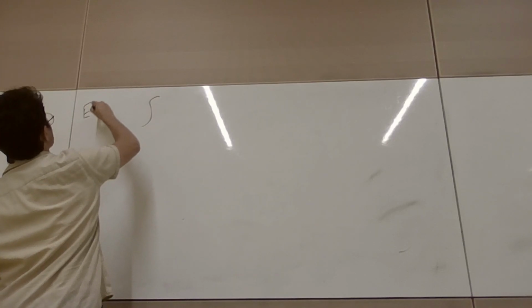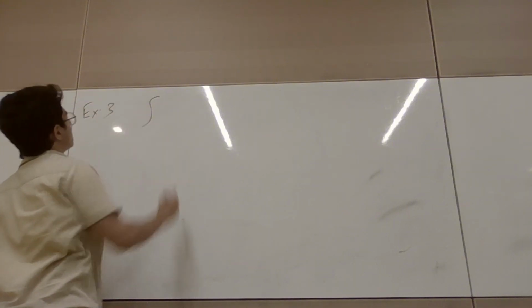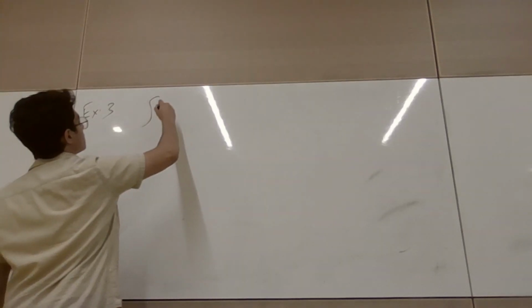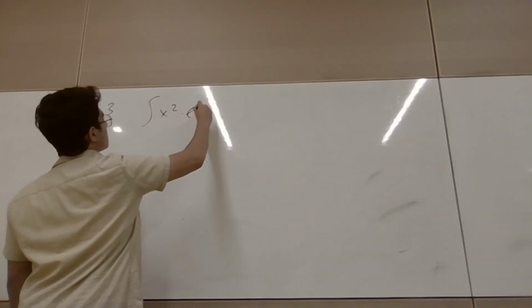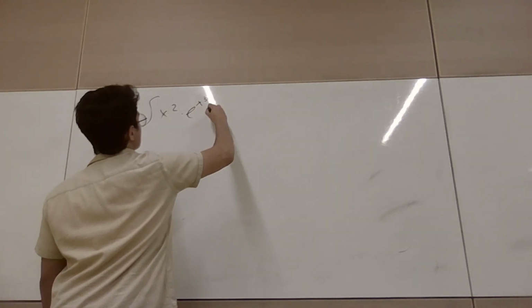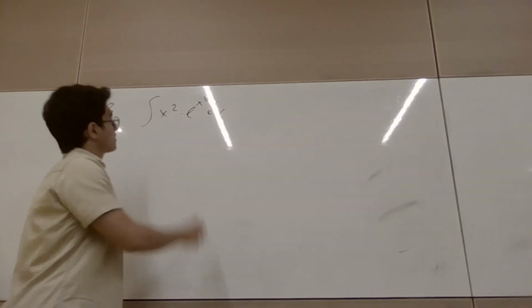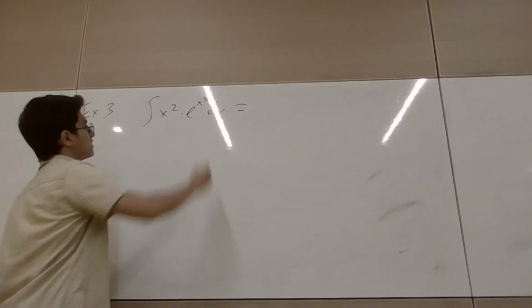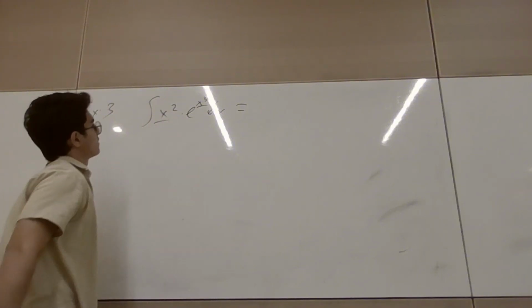Example 3, the last example. The integral of x squared e to the power of x cubed dx. It's a little bit tricky, but we can see that there is x squared and there is x cubed.